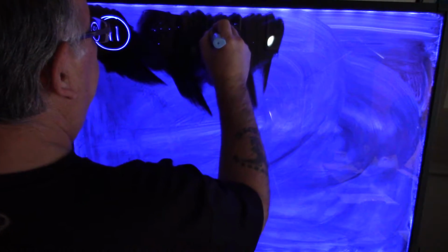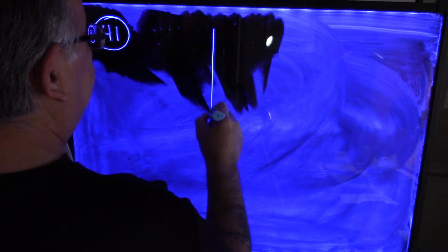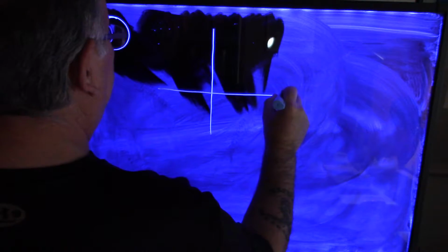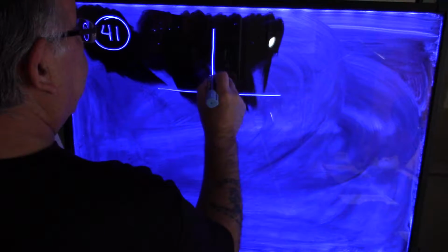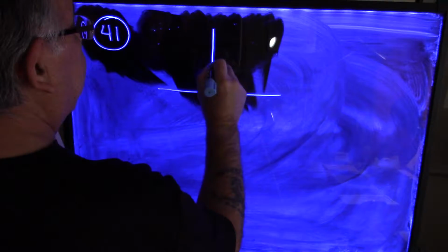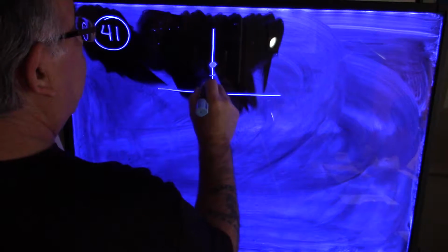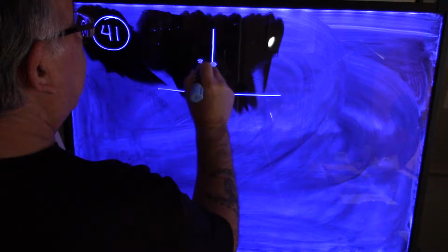Number 41. A y-intercept of 0, 3 and a slope 2/5. Alright, so to plot this, you plot the intercept 0, 3. So let's say that's right there.